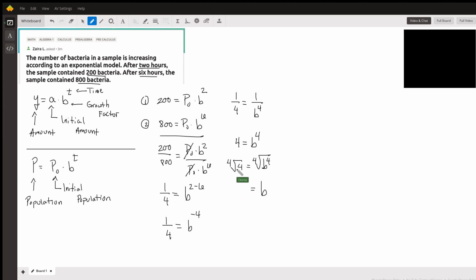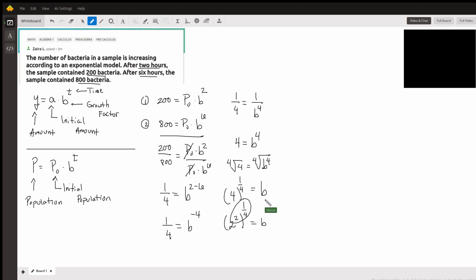How do you deal with this? Well, we can simplify this a little bit, because I can rewrite it as 4 raised to the 1/4 exponent, if you remember your rules for fractional exponents. Then I can rewrite the 4 as 2 to the 2nd power. So this is 2 to the 2nd power raised to the 1/4 exponent, and the rule says your exponents will multiply.